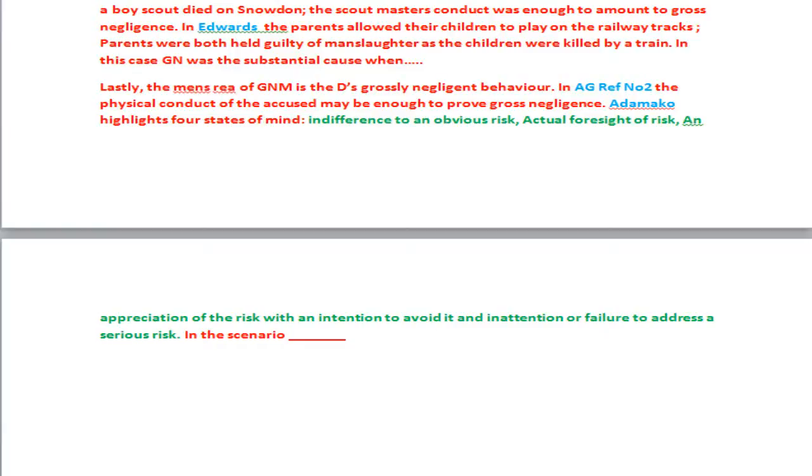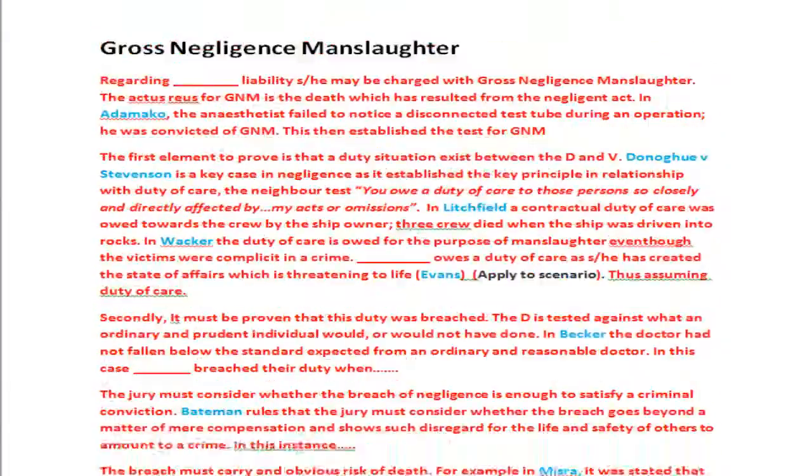Make sure you don't mention all of these, you only mention one. You have to mention the four of these: indifference, actual foresight, appreciation, and inattention. But you only link one of them to the scenario. So you would say that he had an actual foresight of risk if it's most applicable. Then that's how you get the application marks for that aspect.